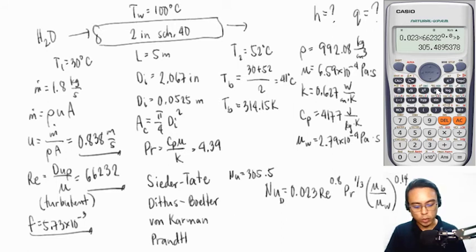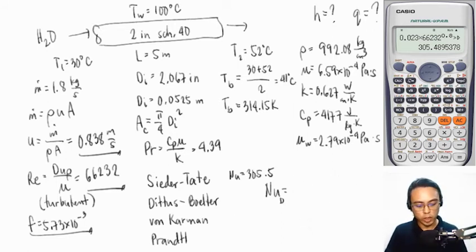Now let's go to the Dittus-Boelter equation. The Dittus-Boelter equation is Nusselt number is equal to 0.023, Reynolds number raised to 0.8 times Prandtl number raised to 0.4 because our fluid is being heated.